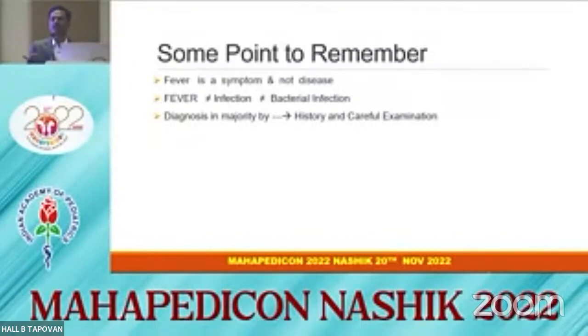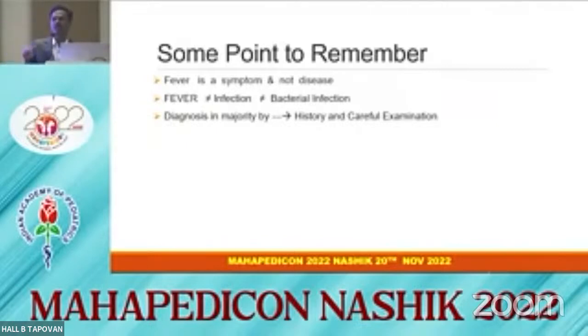Again, a lot of investigations were done, and as the dengue period was going on, dengue was also sent. Dengue IgM also came positive. Now he was treated as dengue fever. But our initial suspicion was systemic onset JIA.